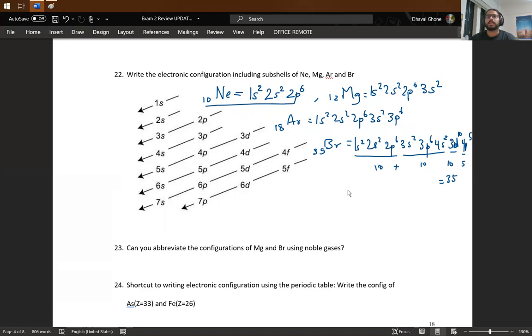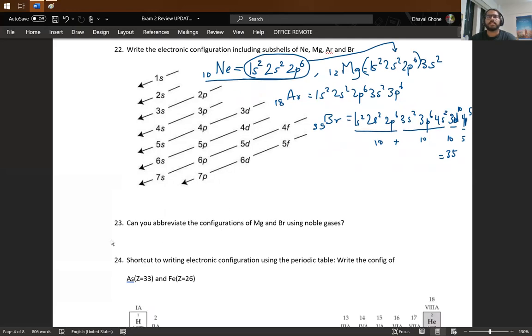And so what I mean is, if you look at neon's configuration, it fits exactly inside magnesium's configuration for this part, right? So you can abbreviate magnesium 12 as core electrons of neon plus 3s2. That's the abbreviation.